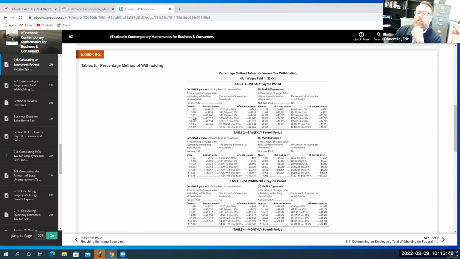So for instance, if she made $1,200 and we deducted 2 withholdings of $76.50 each, she's still going to have made between $753 and $1,762, if you can see my screen. And so that means there's going to be an additional $97.75 that's not taxable, plus 25% of everything over $753. So you're basically going to take whatever's remaining after the withholdings, and I'm going to show you how to do this in a second.